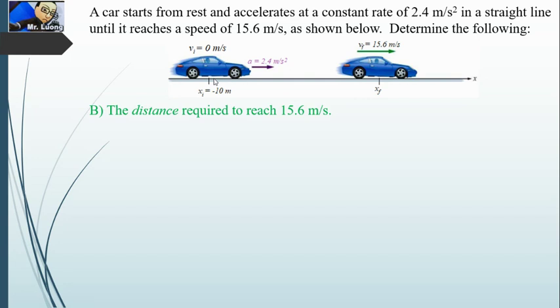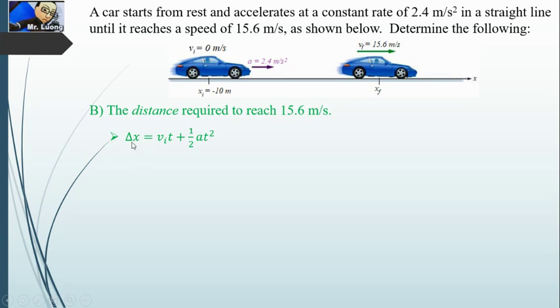The only time you really have to be careful is if the object turns around. But in this case, the car starts at rest, it's accelerated to the right, so it's not turning around. So really, the magnitude of your displacement is the distance if an object only goes one way and never turns back. Okay, so it's important to make note of that.